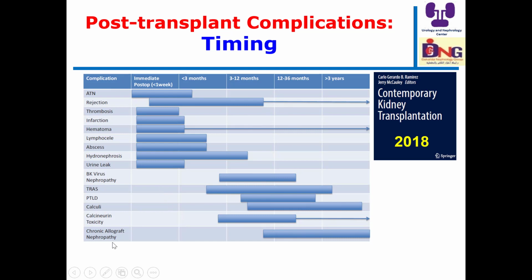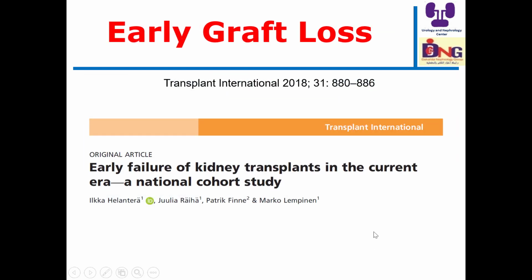And chronic allograft nephropathy, or chronic, as recently represented in the PAMF 2017, we may find chronic antibody-mediated rejection, or even chronic active T-cell mediated rejection. So a lot of causes, as you see, and the majority of this slide are representing acute allograft dysfunction, and here you can find some cases of chronic allograft dysfunction.